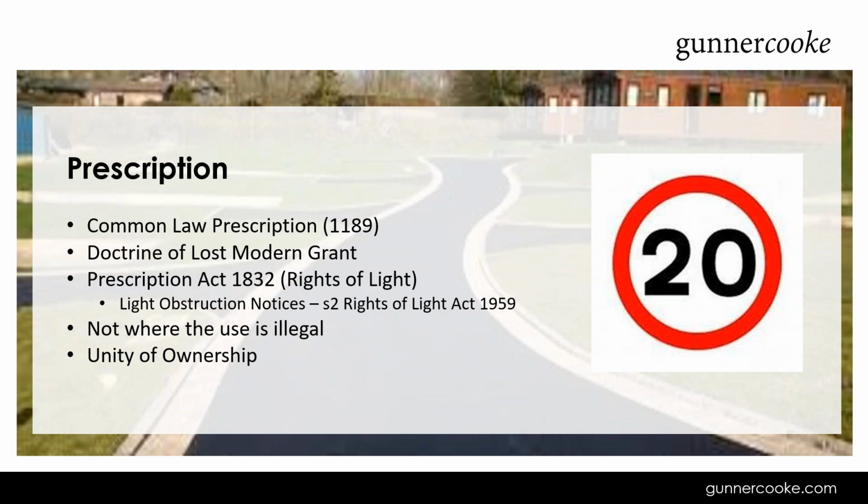The common law of prescription was that if there's an assumption that the use could be traced back to 1189, then it could be properly presumed that there was an easement in place. Obviously, we're not expecting people to track back all the way to 1189, so case law has dictated that actually if you can go back 20 years, it's presumed that it goes all the way back to 1189.